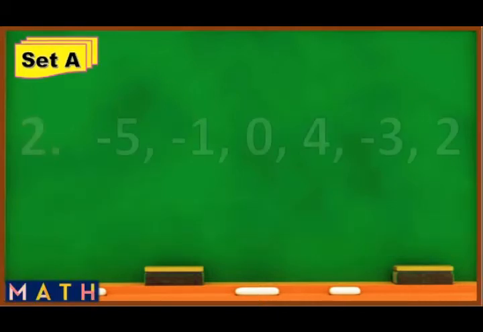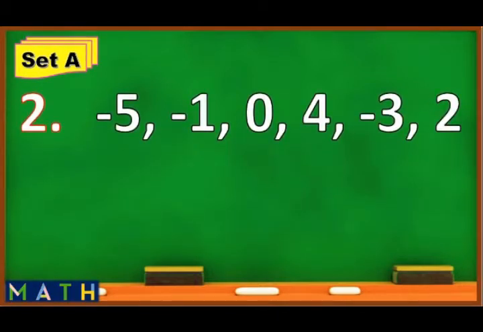For item number 2, the given integers are negative 5, negative 1, 0, positive 4, negative 3, and positive 2. What do you think is the correct answer?